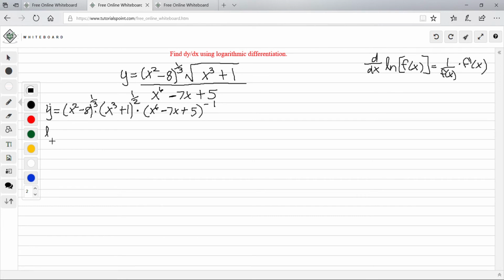So the left side is ln of y, and that equals ln of x squared minus 8 to the 1/3, times ln of x cubed plus 1 to the 1/2, times ln of the last factor. I'm just putting everything in ln.